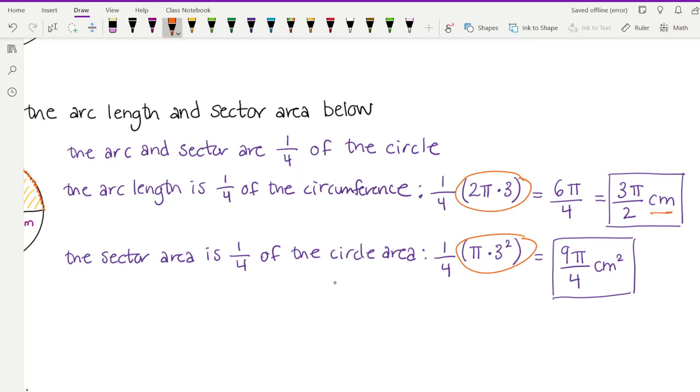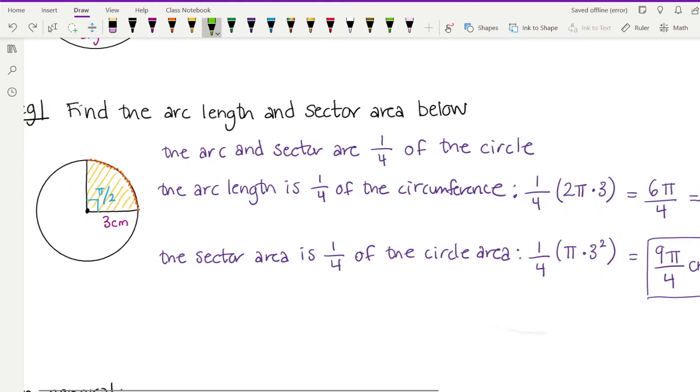That corresponds to our units, because if you had written the units in this calculation, this would be 3 centimeters, and this would be 3 centimeters all squared. So the centimeters get squared too, which is why you end up with square centimeters in your final answer. That helps you remember the difference between area and circumference.